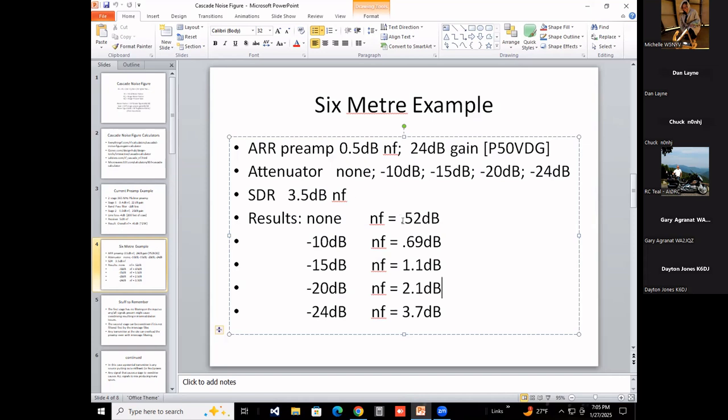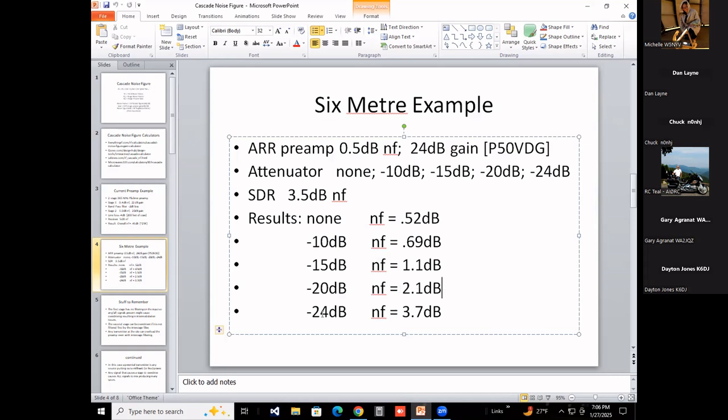The overall system noise figure is 0.52 dB. If you have a 10 dB attenuator behind that preamplifier, the noise figure degrades to 0.69 dB. A 15 dB attenuator degrades it to 1.1 dB. A 20 dB noise pad will degrade the overall noise figure to 2.1 dB.